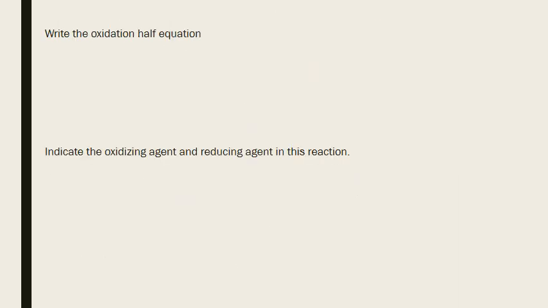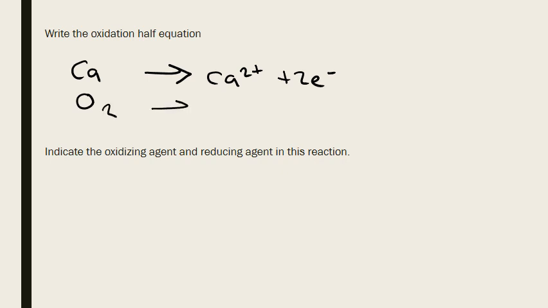So now we have to write the oxidation and reduction half reactions. Calcium went from Ca to Ca2+, so it lost 2 electrons, so we write the 2 electrons here. Oxygen went from O2 to O2-, but remember we've got 2 oxygens here, so we write 2.